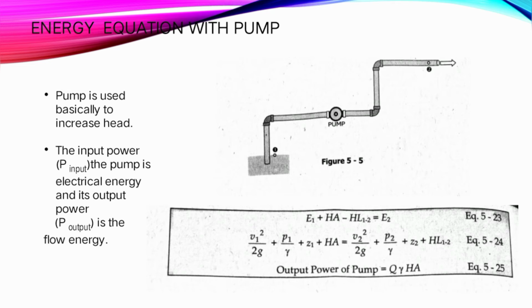A pump is used basically to increase head, usually to move water from a lower to a higher elevation. The input power of the pump is electrical energy and its output power is the flow energy. The formulas used in the energy equation with pump are given in equations 23, 24 and 25.